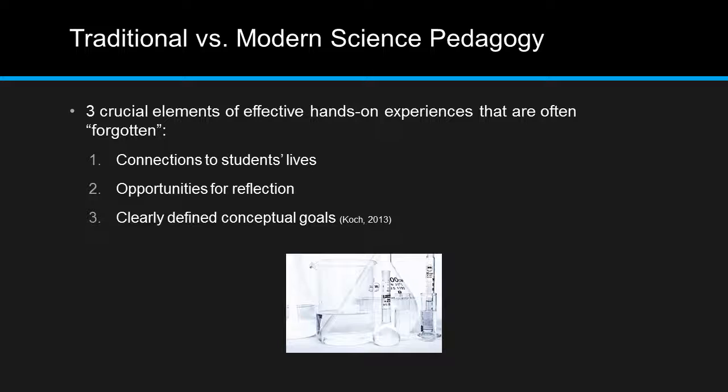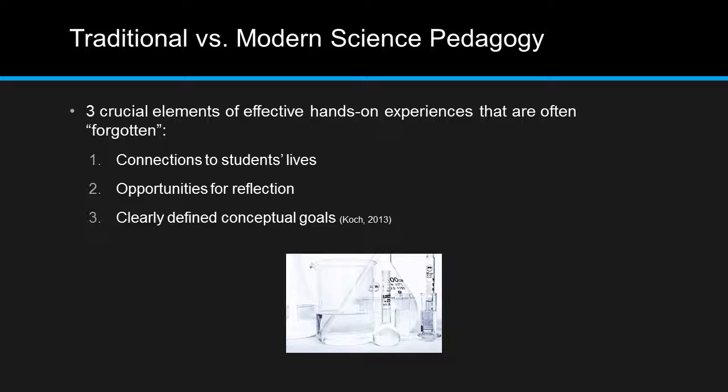With the shift in perspective from traditional methods to modern methods of science teaching, many teachers have begun to incorporate concrete or hands-on experiences in the classroom. However, studies support that oftentimes these activities are not designed or implemented in ways that allow the full potential of student learning.